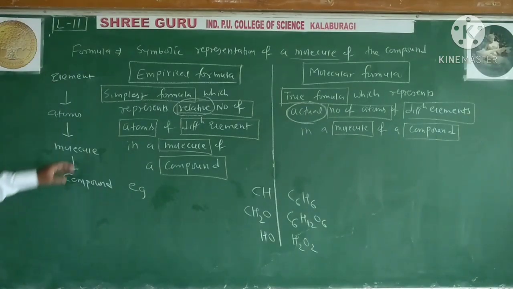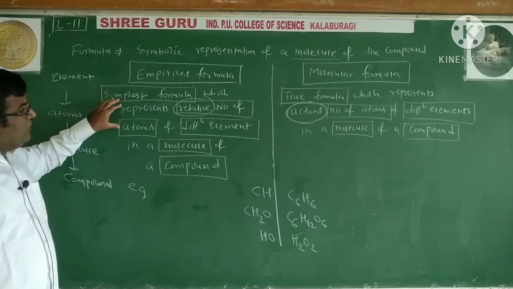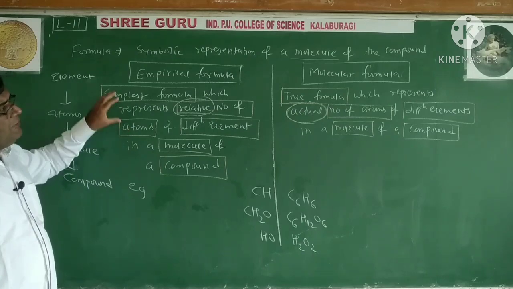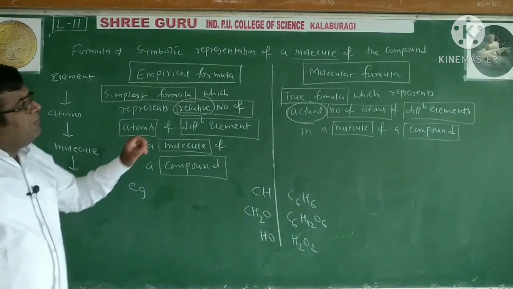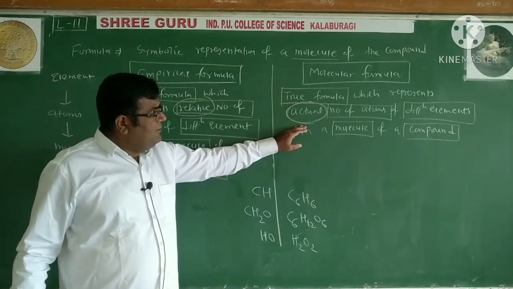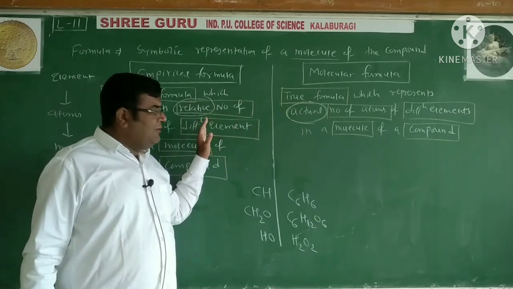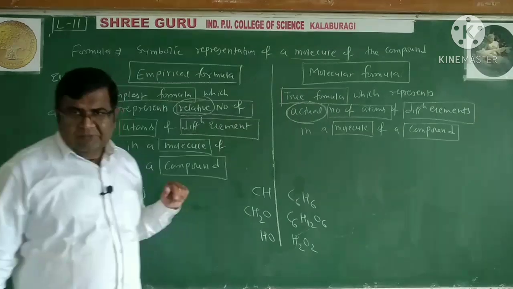So empirical formula is the simplest formula which represents the relative number of atoms of different elements in a compound. And molecular formula is a true formula which represents actual number of atoms of different elements in a molecule of a compound. The molecular formula is the actual formula, but before that we are learning empirical formula, because empirical formula is first determined and then the molecular formula.